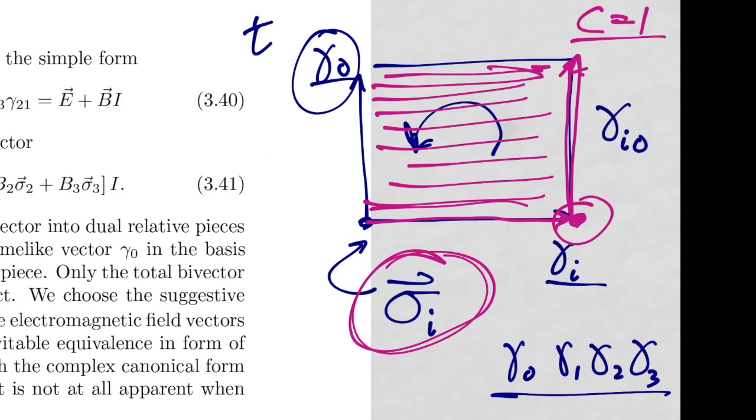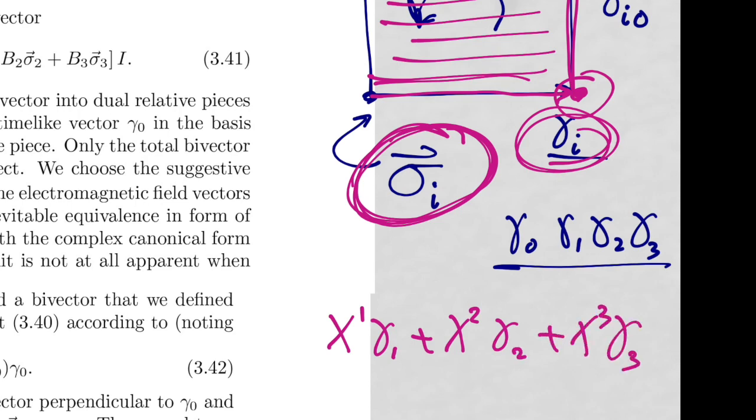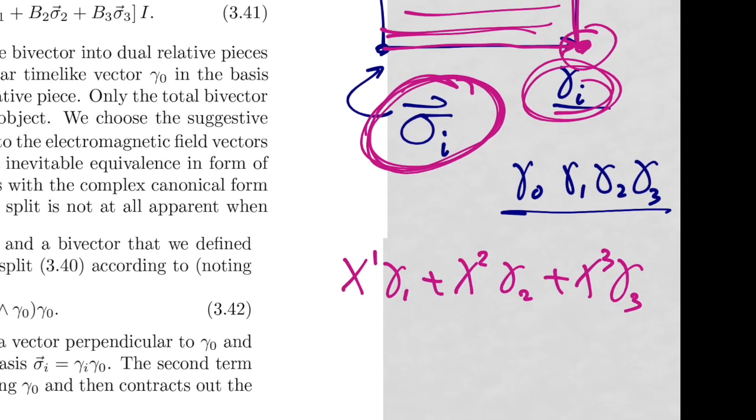But what we suddenly realize is that if I position something in space using these vectors, say the position of my object is x1 gamma_1 plus x2 gamma_2 plus x3 gamma_3, that definitely puts it in a certain place in space.